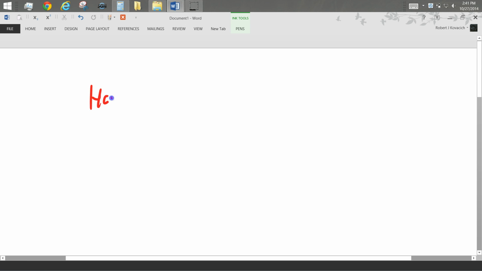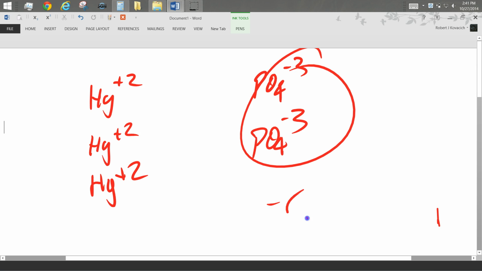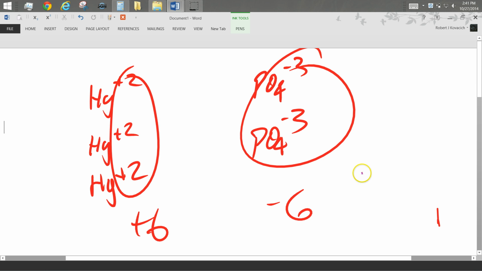So we had mercury with a +2 charge and phosphate, right, with a -3 charge. And so if I have 3 mercuries and 2 phosphates, this here is going to equal a -6, and this here is going to equal a +6, and so then my formula is going to be Hg3(PO4)2.